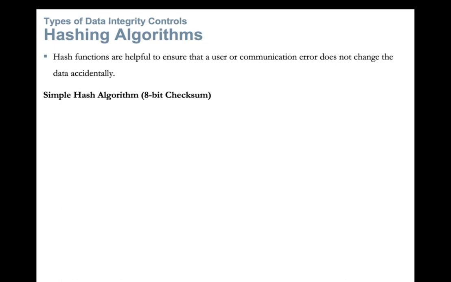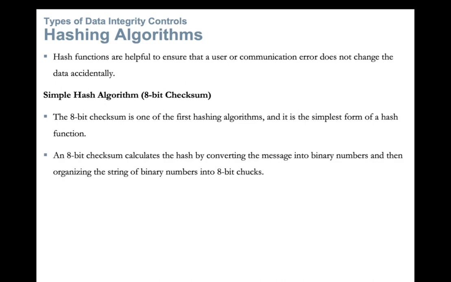An 8-bit checksum is one of the first hashing algorithms, and it is the simplest form of a hash function. An 8-bit checksum calculates the hash by converting the message into binary numbers and then organizing the string of binary numbers into 8-bit chunks.